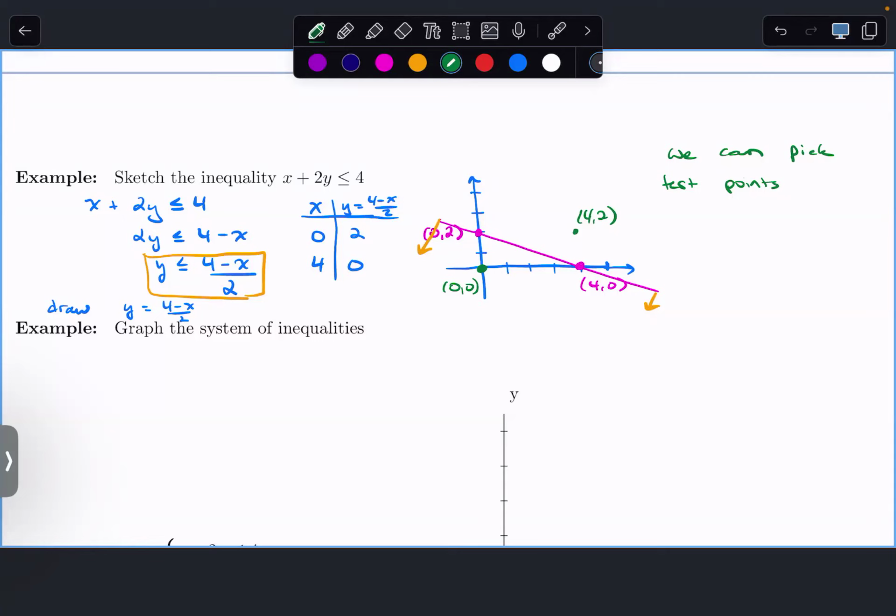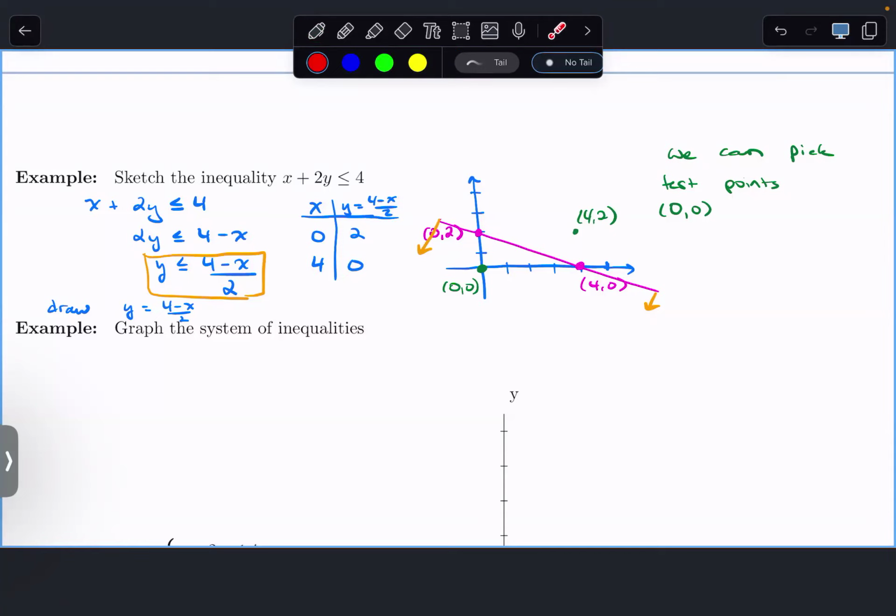And so here at 0, 0, just like we did in the beginning, we can see if it satisfies the inequality. We suspect that it will, just because we have this idea about how this is going to behave.